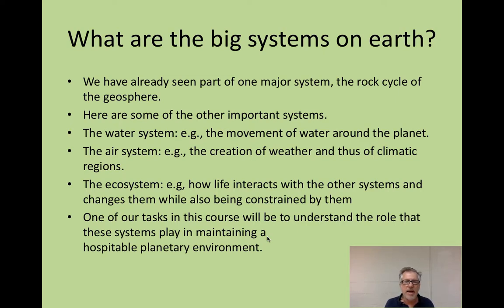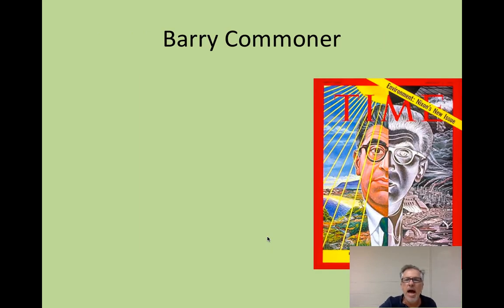had a lot to say about systems thinking in the environment. And his name was Barry Commoner. And there's a picture of him when he was on the cover of Time magazine on February 2nd, 1970. And you'll notice that it says up there, Environment, Nixon's New Issue.